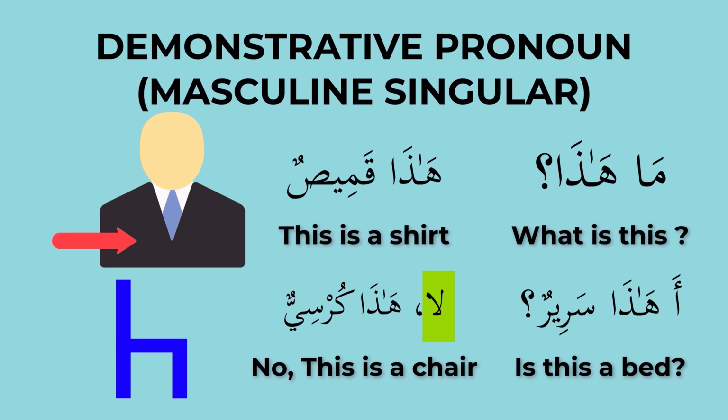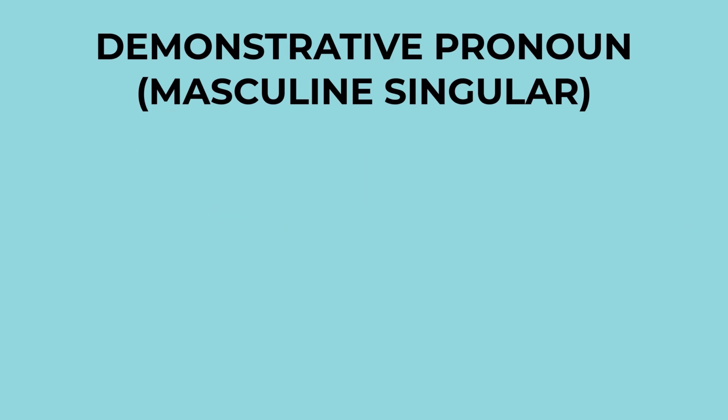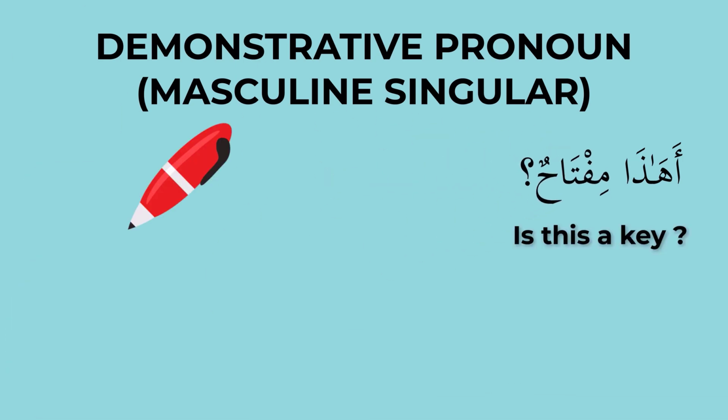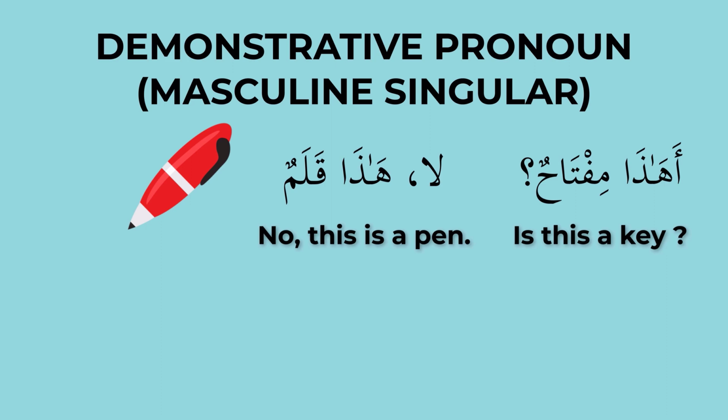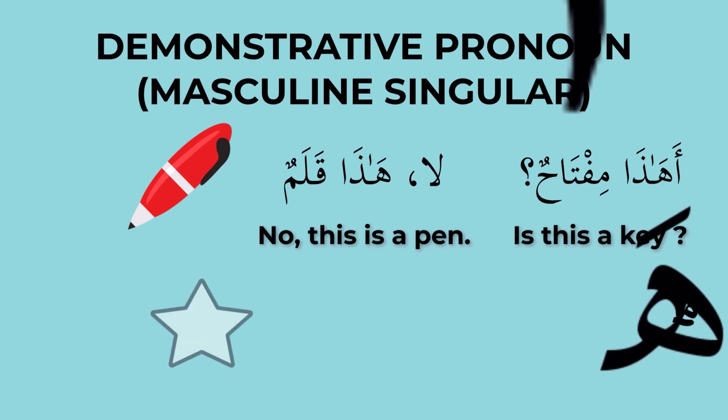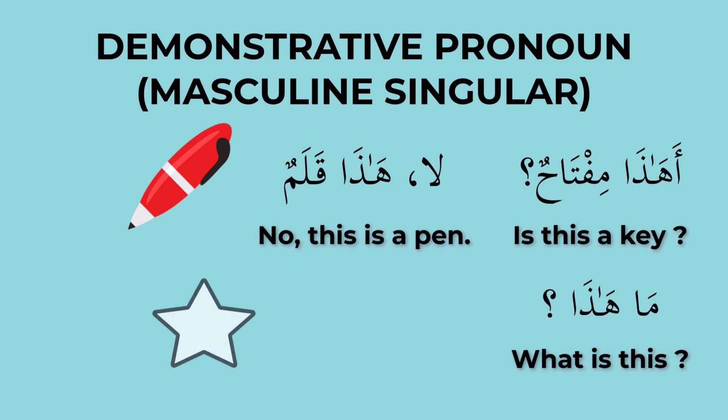Particle of answering. Okay. Hadha miftahun. La. Hadha qalamun. Okay. Ma hadha? Hadha najmun. The pictures are there, so it's easy, but I hope you will put little time and memorize the vocabs. Inshallah, it will help you.